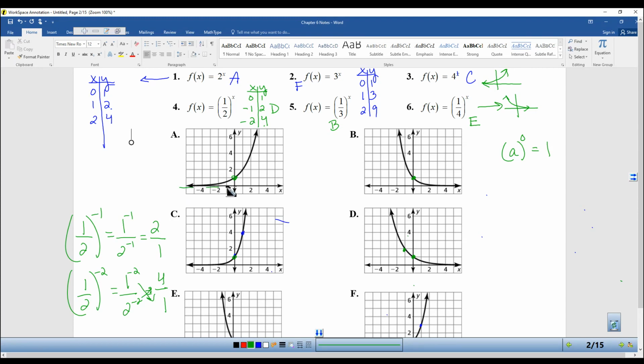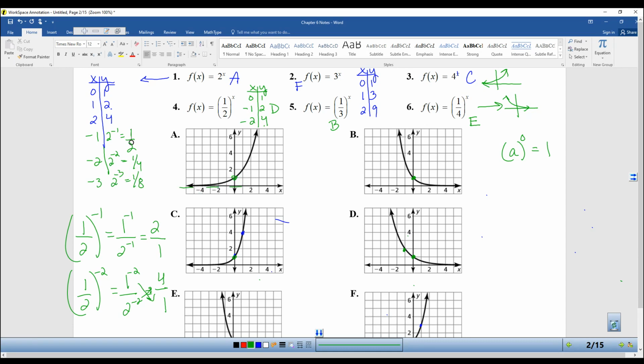So when we first started to make this graph, we of course chose numbers like 0, 1, and 2. If we had chosen -1, 2 to the -1 is 1/2. And then 2 to the -2 is 1/4. 2 to the -3 is 1/8. So you see how it keeps getting smaller and smaller?